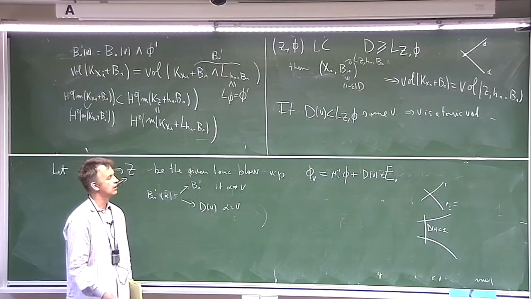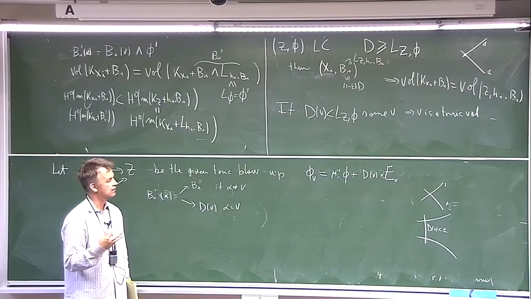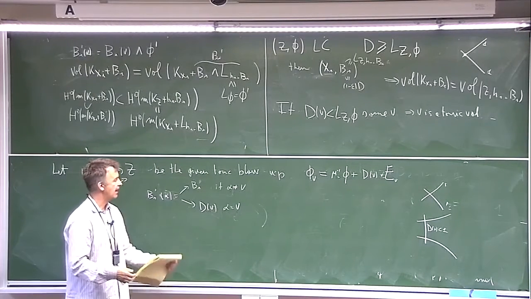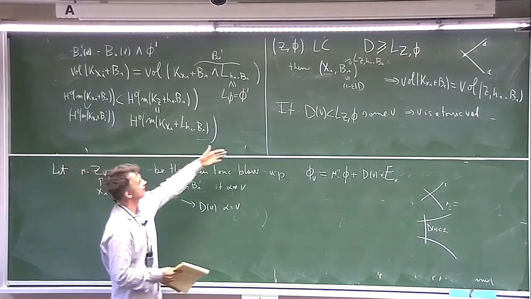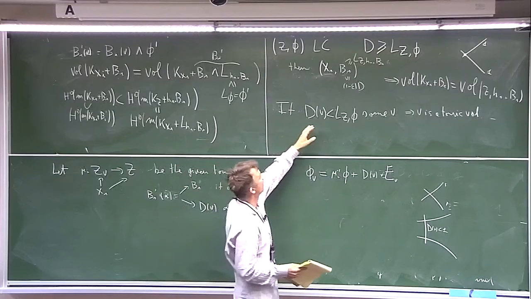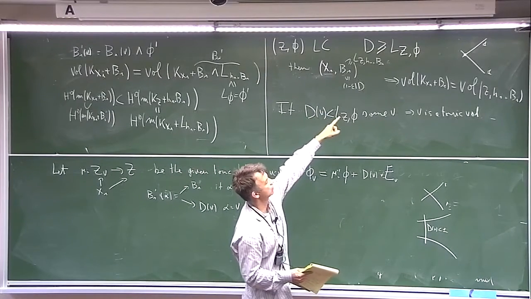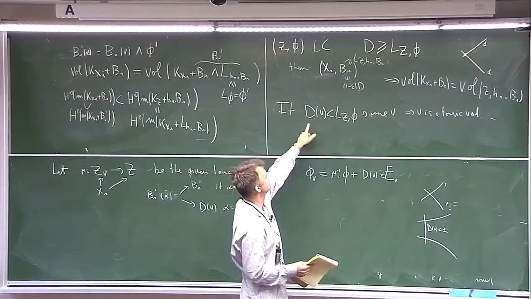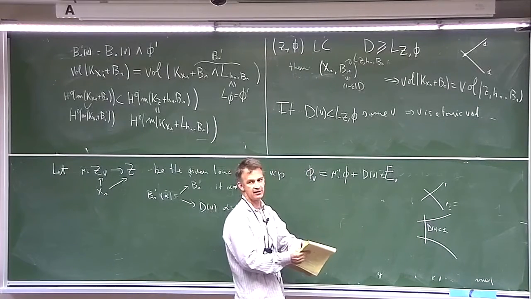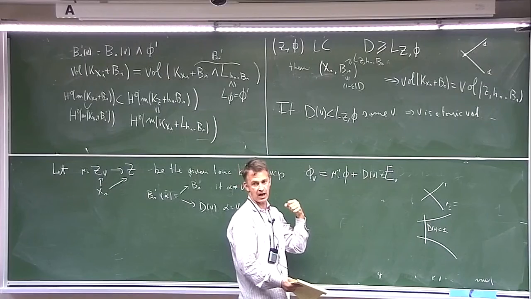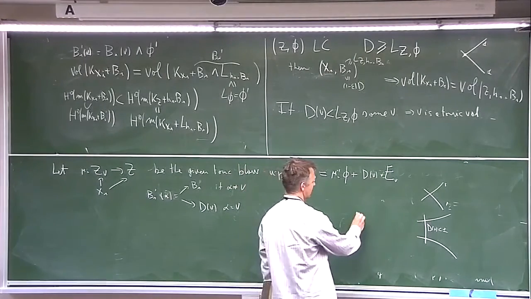Now, again, there are two cases. One case is when the nice equality holds, in which case I win. One case is when we have a bad inequality, in which case there's another distinguished divisor that I can blow up. So I will get another extraction.